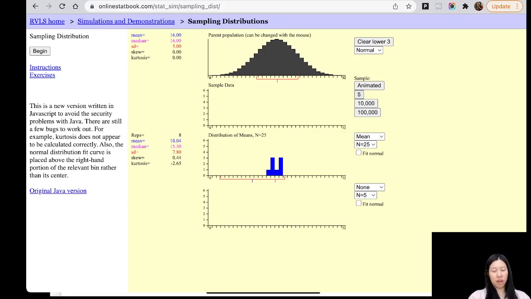Then we do another 5 random samples, and another 5, and maybe we can try 10,000 random samples. We end up with a mean that is really close to our population mean, and the standard deviation is significantly smaller, which means it's not as spread out as the parent population.